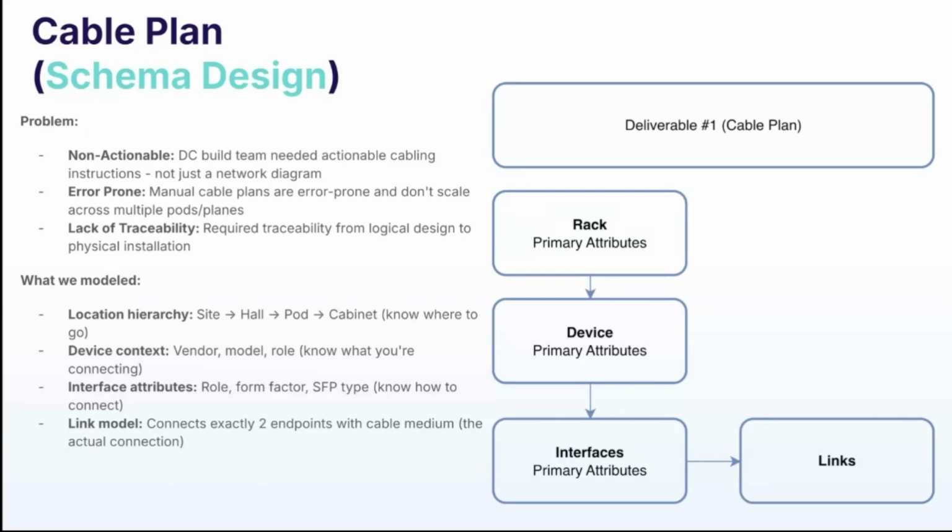We also had interface attributes. We modeled interfaces, so the roles of those interfaces, whether uplinks, downlinks, etc. The SFP types that they were is quite important when you're putting in an order to a vendor. You need to know how many SFPs you need. And a way to connect interfaces together. So, for example, we had a model to link.